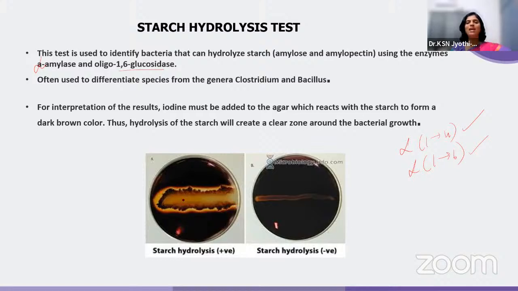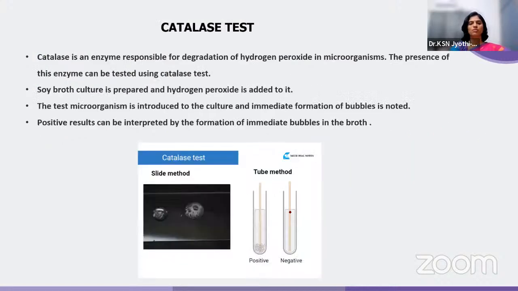When you add iodine, wherever the starch has not been utilized, it will form a dark brown color. Whereas those bacteria which are able to carry out the hydrolysis of starch will create a clear zone around the bacterial growth, indicating that the bacteria utilized the starch. So the starch hydrolysis test is also a useful one.